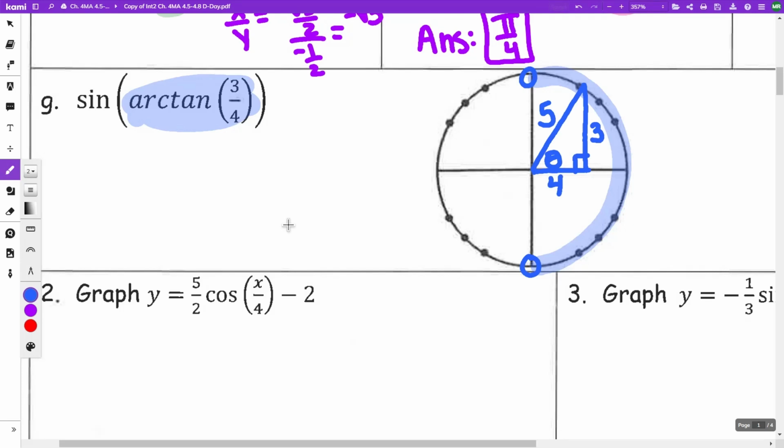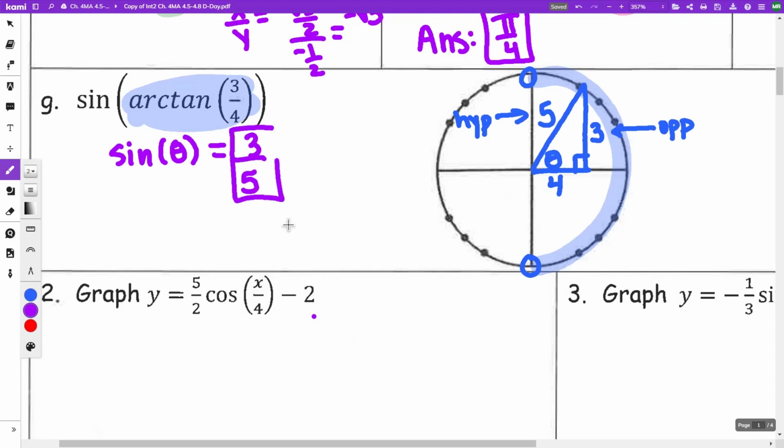The sine for that angle is going to be opposite over hypotenuse. This is my opposite, and this is my hypotenuse. My answer is 3/5.